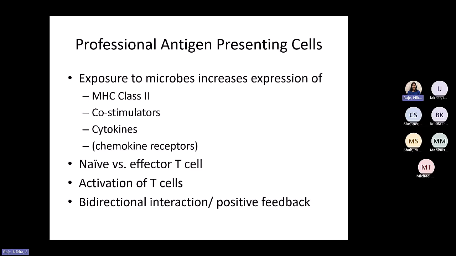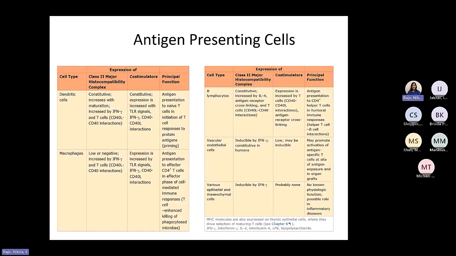In return, there is positive feedback once there is interaction between the antigen presenting cells and the T cells. There is bidirectional interaction, which means the APCs are going to activate the T cells, but the T cells in return also provide positive feedback. So there is increased expression of class II MHC, which will make them better APCs. So that's like the bidirectional interaction.